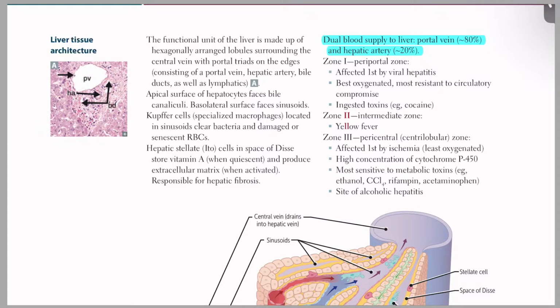Zone 3, pericentral centrilobular zone: affected first by ischemia, least oxygenated, high concentration of cytochrome P450, most sensitive to metabolic toxins, that is ethanol, CCl4, rifampicin, acetaminophen; site of alcoholic hepatitis.